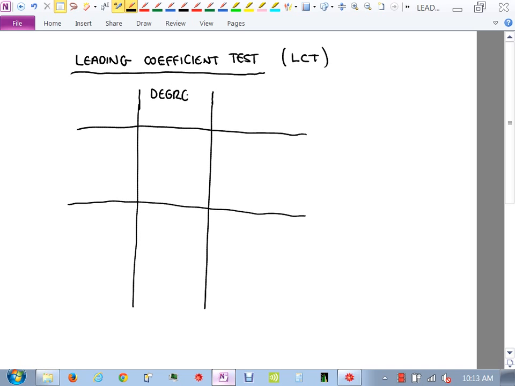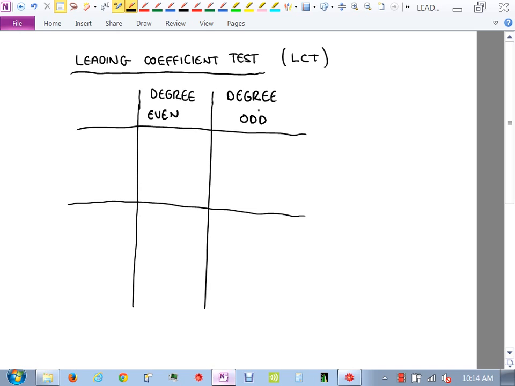Just copy this down. Degree even, degree odd. What's the degree again? What's the degree of a polynomial function? It's the highest power of x, right?